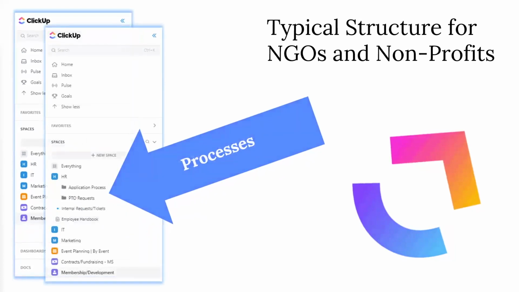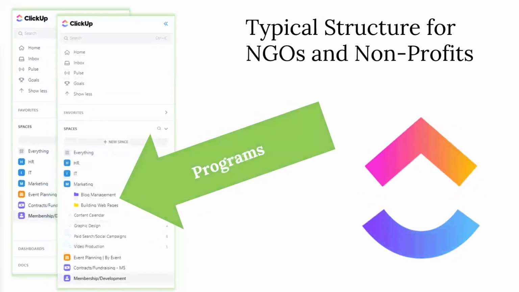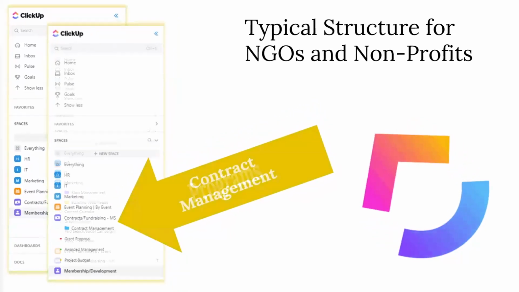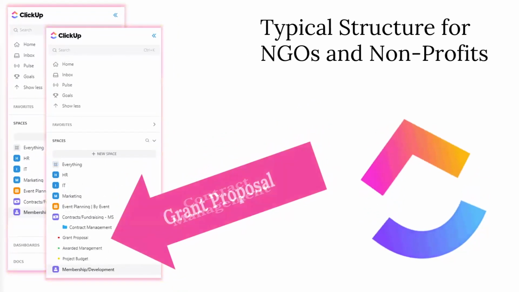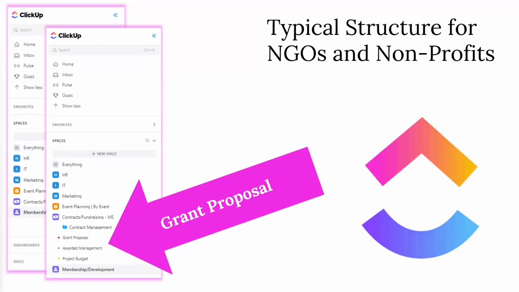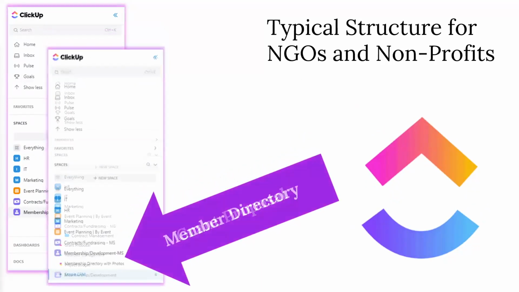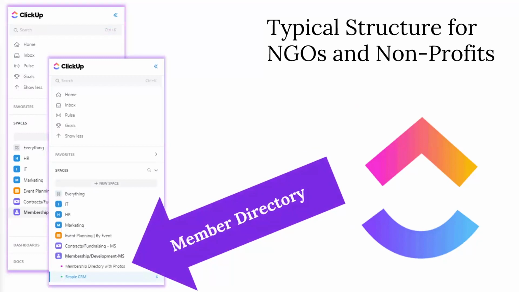Folders are created for processes, programs, and contract management. Lists can be created for grant proposals and member directories.